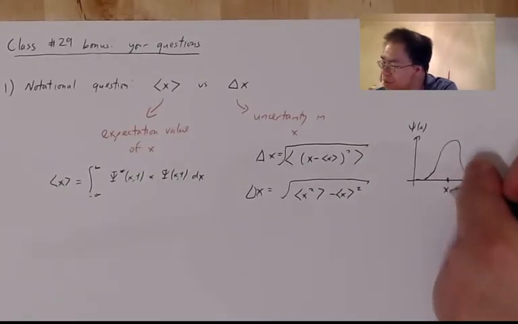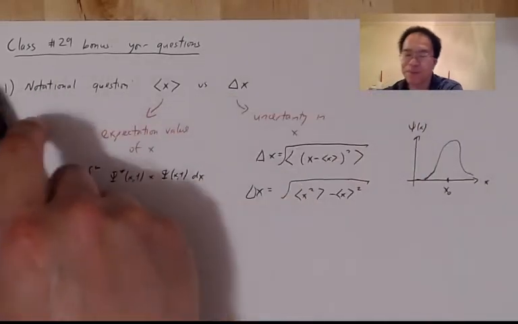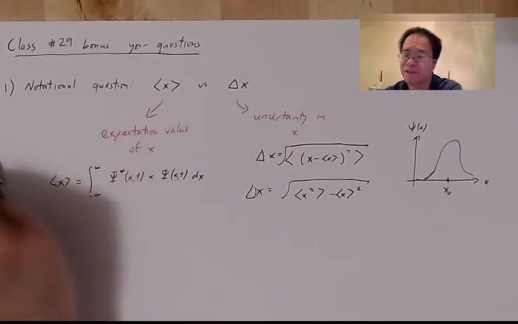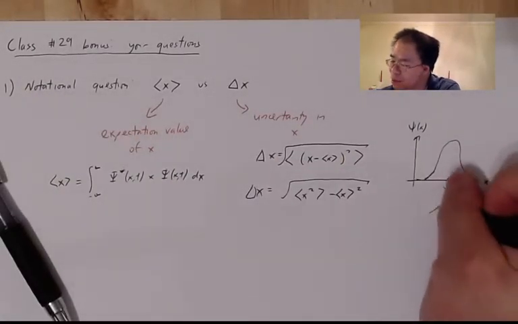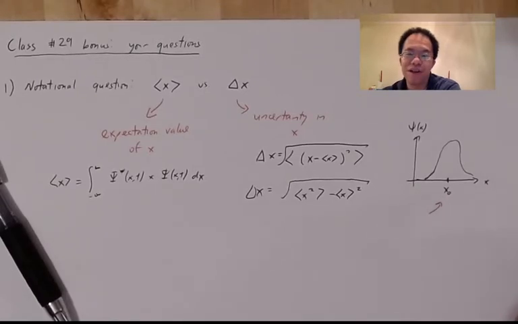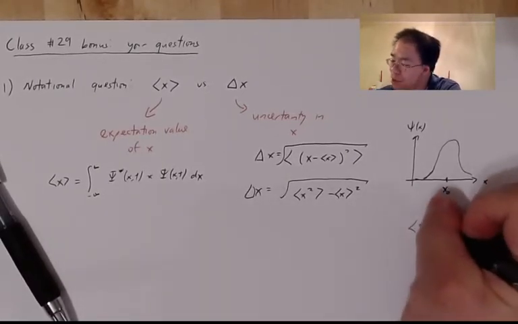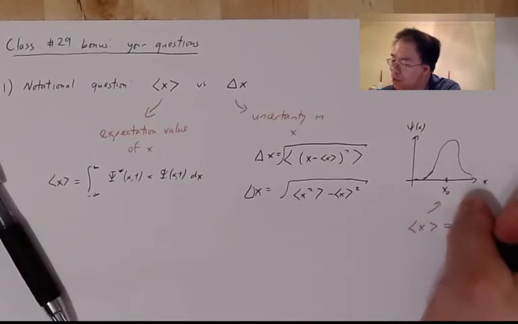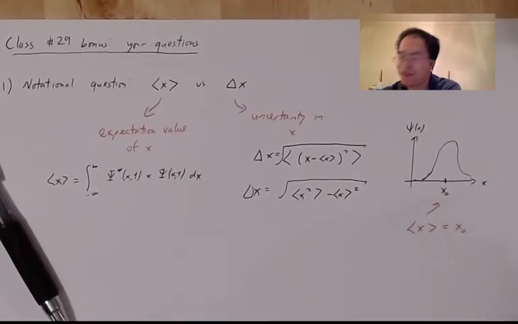And let's just imagine that we have this symmetric peak right at x naught. Now, from the shape of this distribution, you would probably intuit that the average value of the position that you would measure would be x naught. And so here, the expectation value of x would be x naught.